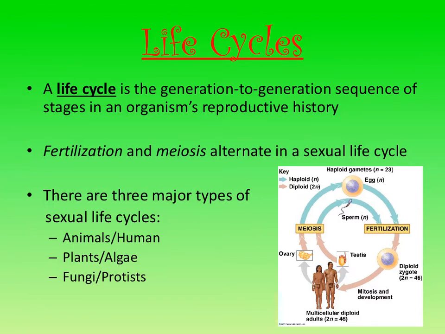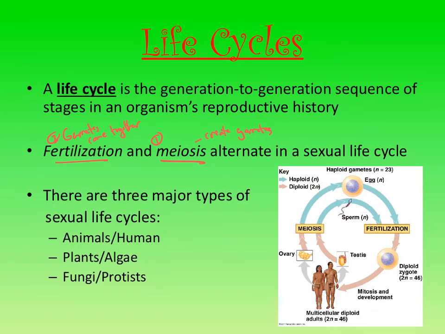Now, in a sexual life cycle like humans have, you alternate between fertilization and meiosis. But really, that's what we say, but you think of it like meiosis comes first, right? So as an organism, you can create gametes, and then fertilization is those gametes coming together.